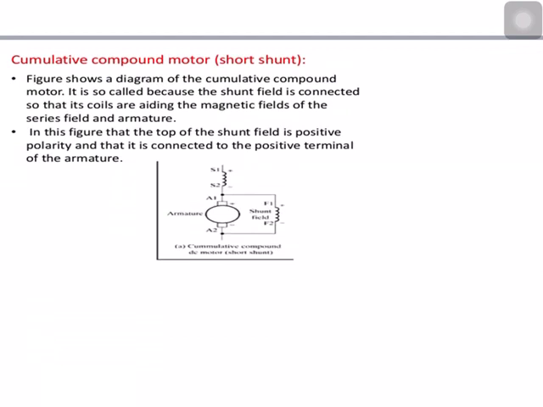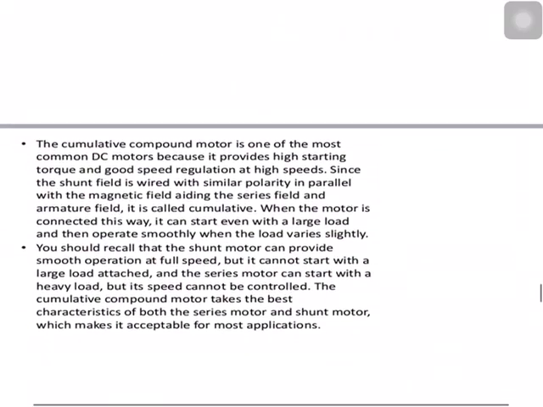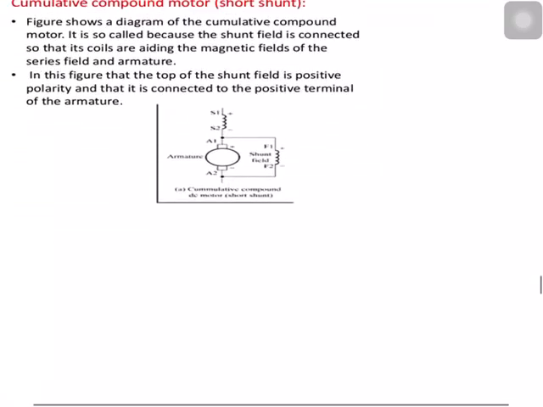These motors generally employ a flywheel where sudden and temporary loads are applied, like in rolling mills. You can observe this in the diagram of the cumulative compound motor.